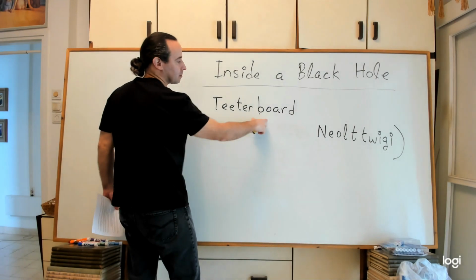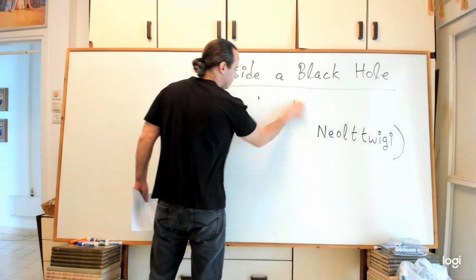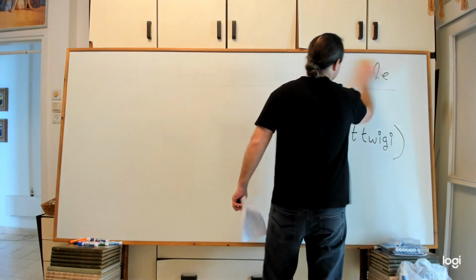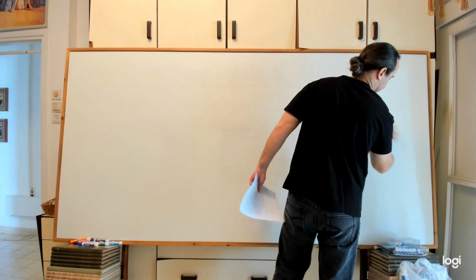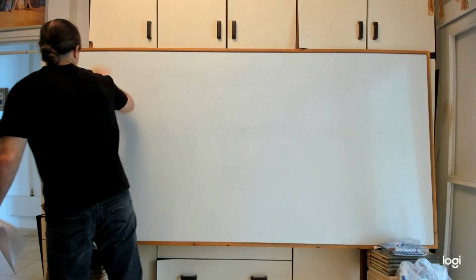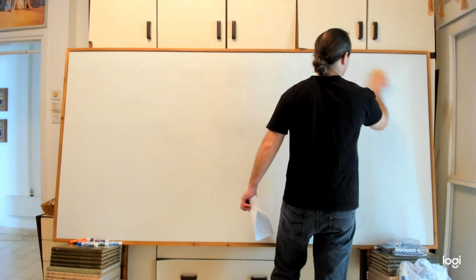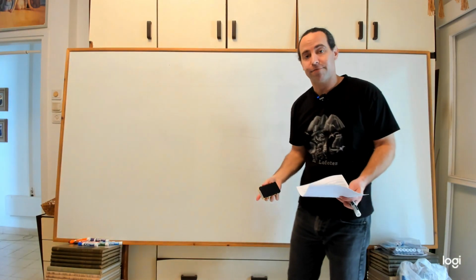So now we put a teeterboard on each level of the mountain, on each floor. Of course, we are not talking about real, this whole apple thing is a metaphor, okay?